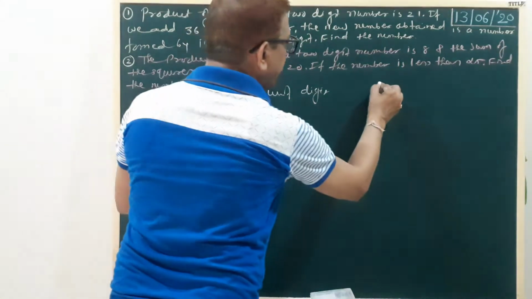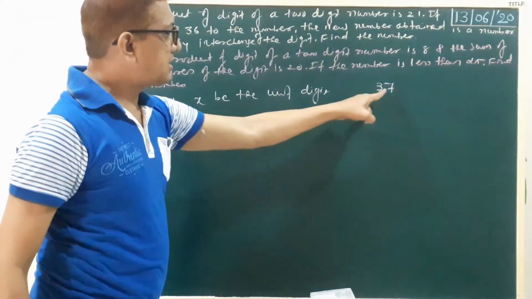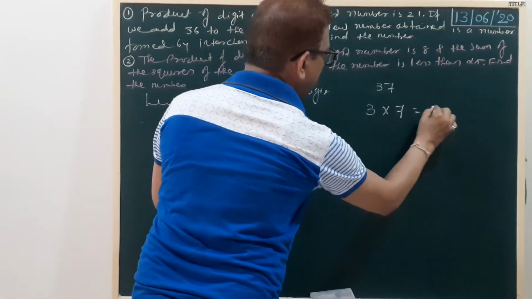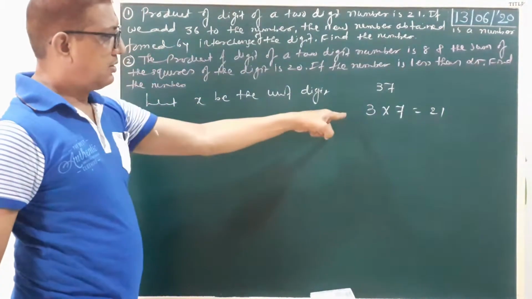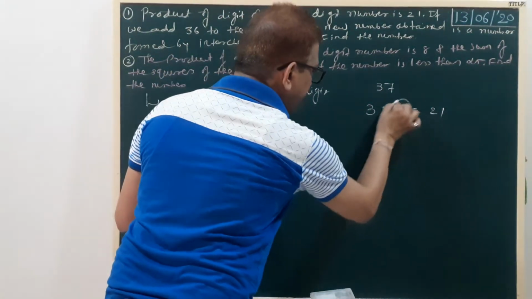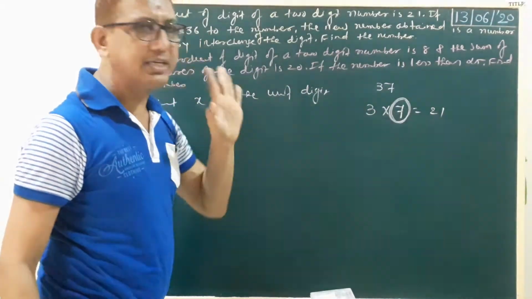That means suppose our number is 37. Here 3 into 7 equals 21. Suppose this is your x. Let x be the unit digit.